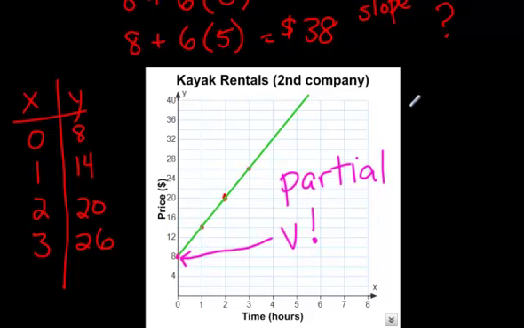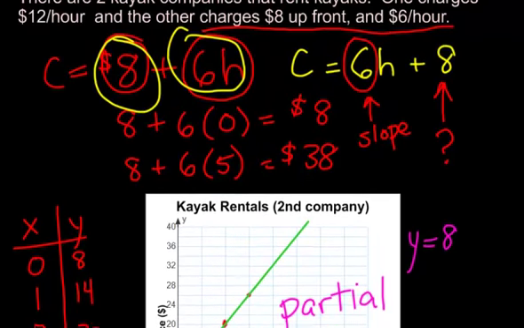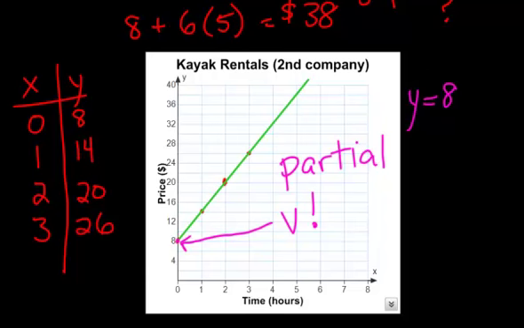We know that the equation is y equals, sorry, what was it again? Let's just go back here. I'm trying to erase that 8. Y equals $6 per hour plus 8.